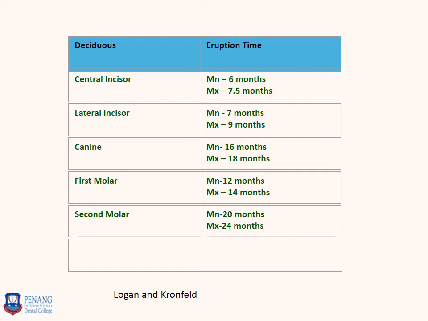Canine we have maxillary which is 18 months and mandibular teeth which is 16 months. The first molars erupt at the age of 14 months for the maxillary and 12 months for the mandibular, and the second molar erupts at the age of 24 months for the maxillary and 20 months for the mandibular teeth.